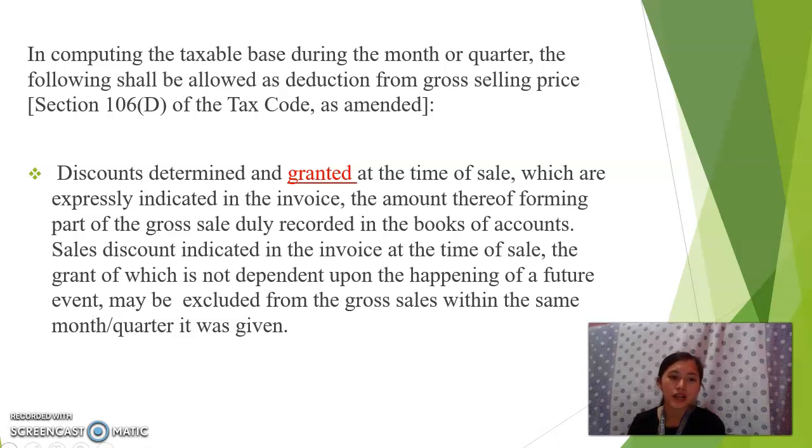So, sales discount granted in the invoice at the time of sale, but not dependent on the happening of a future event, will be excluded from the total of sales transactions reported in a period, within the same quarter that it was given.